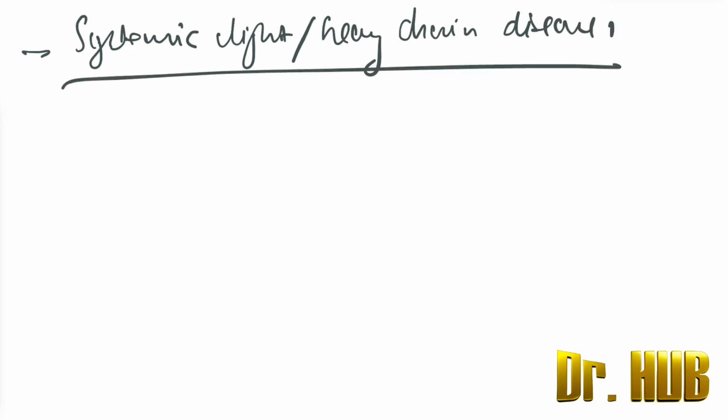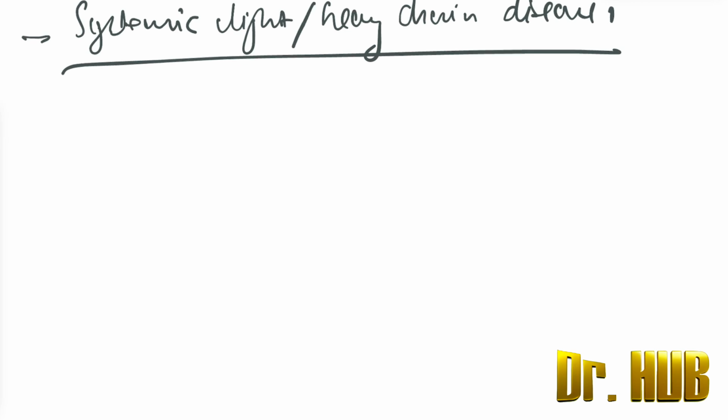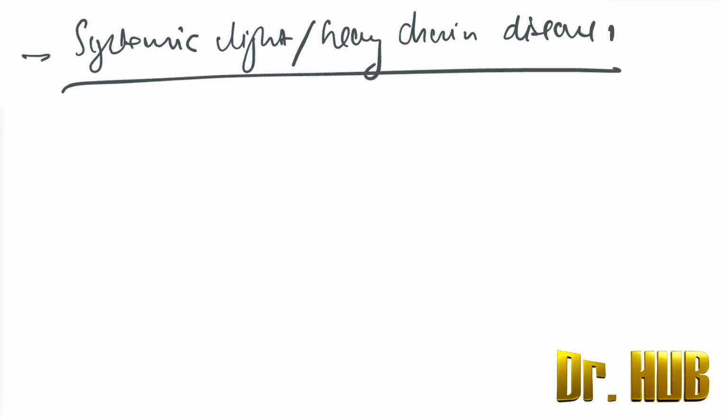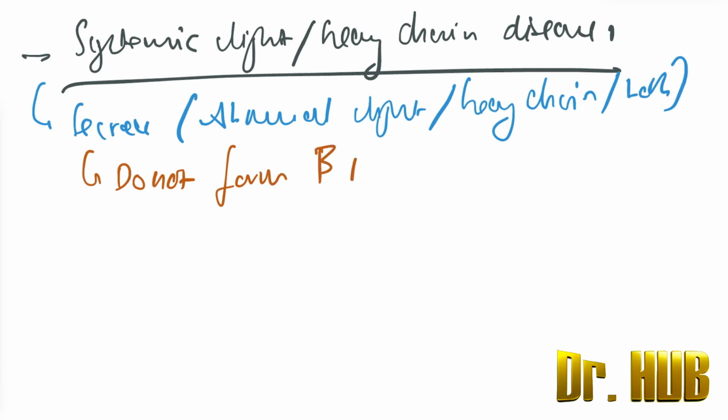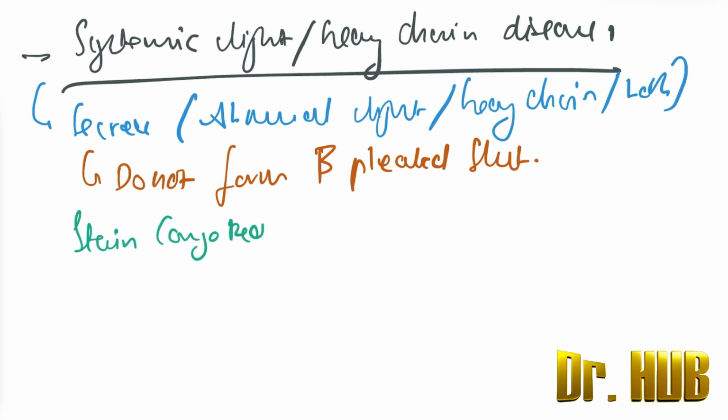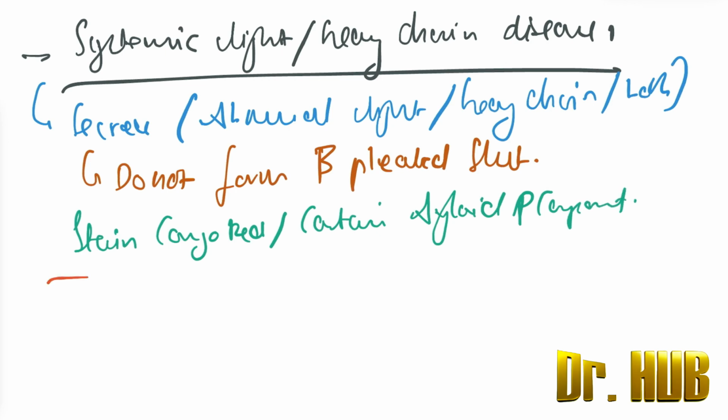They secrete an abnormal light chain, heavy chain, or both, which do not form the beta pleated sheet, and they stain with Congo red as well as contain the amyloid P component.